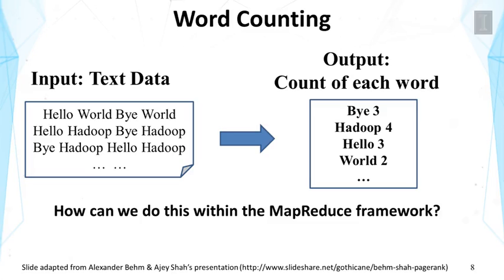So how can we solve this problem? Well, one natural thought is that this task can be done in parallel by simply counting different parts of the file in parallel, and then in the end we just combine all the counts. And that's precisely the idea of what we can do with MapReduce.